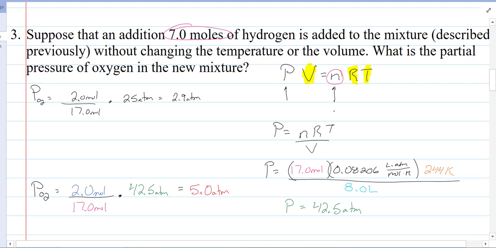Nothing. It's totally independent of my weight. So if we add 7 moles of hydrogen to the mixture, it does nothing to the oxygen. That makes sense? So this question could have been 30 seconds. Just to realize we had hydrogen, oxygen didn't change, 5 atmospheres. But we proved it, which is wonderful.